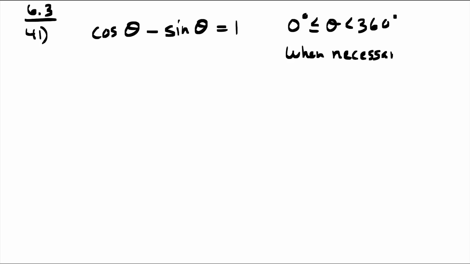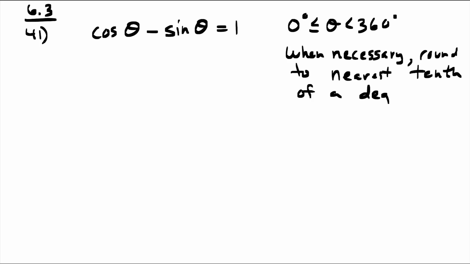It does say when necessary round to the nearest tenth of a degree. Okay, so that just indicates we might have to use a calculator. Good. So let's keep that sort of thinking through this process as we do it. This problem takes about 3 slides to do, so let's jam with it.